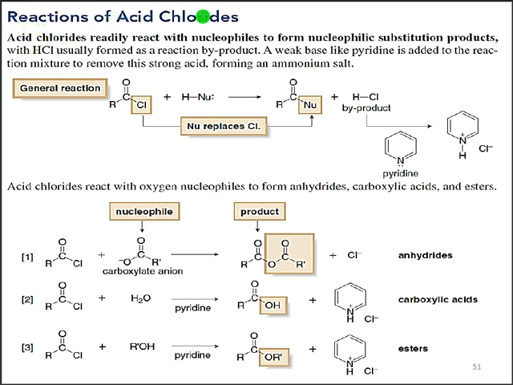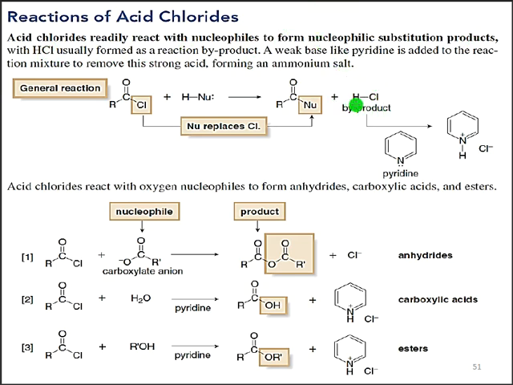Reaction of acid chloride. Acid chlorides readily react with nucleophiles to form nucleophilic substitution products along with HCl. HCl will be a side product.